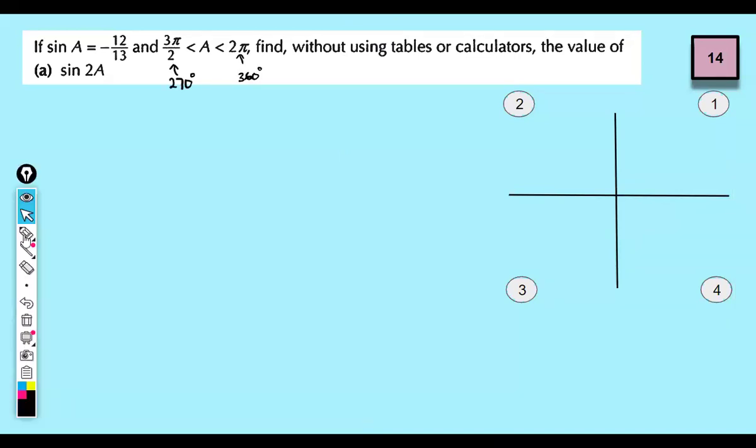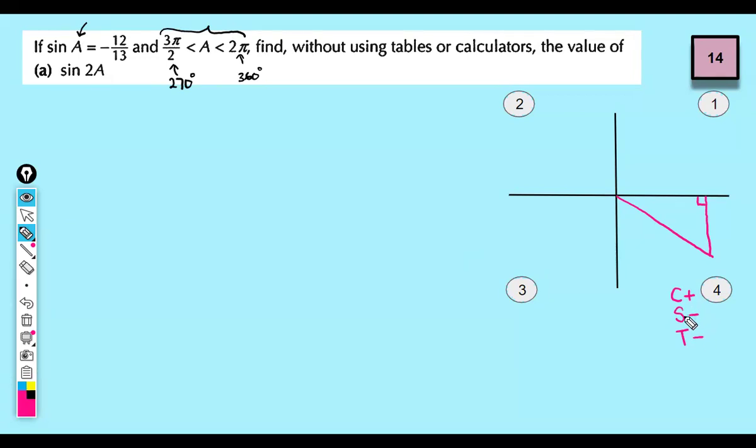So in this question, the angle A, from the information they gave us here, is in the 4th quadrant. So what you need to do is draw a right angle triangle in the 4th quadrant. And in the 4th quadrant, cosine is positive. So I'll put C here, but everybody else is negative.